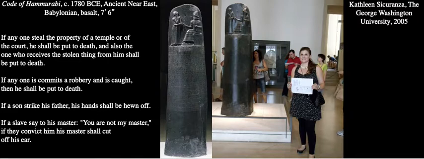I don't even know what her married name is. We're on Facebook together, but she's an attorney in Washington, D.C., and so she went to the Louvre and took a picture of it, and sent it off to me. So you get an idea as to the scale of this. This is 7'6". This is a monument for all to see.